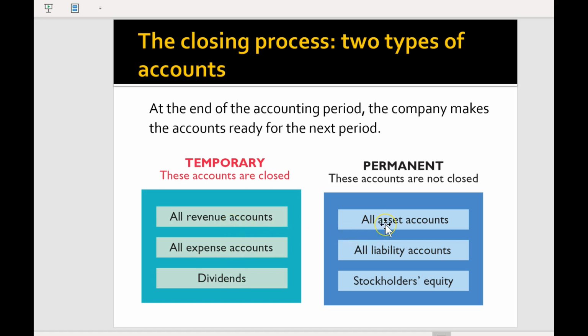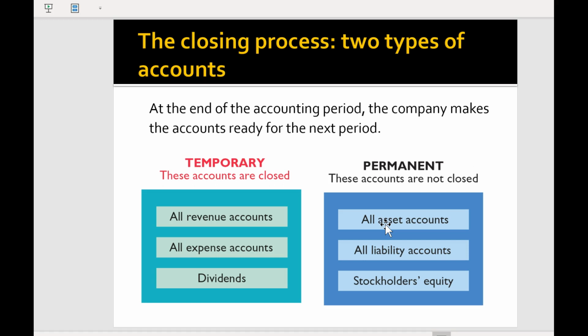But for all the asset accounts, for example cash, we don't need to know how much cash we have earned this period. I mean, we do, but in a nutshell, what investors are very interested in is how much cash the company has at this point of the year, or the date that you end your accounting period.